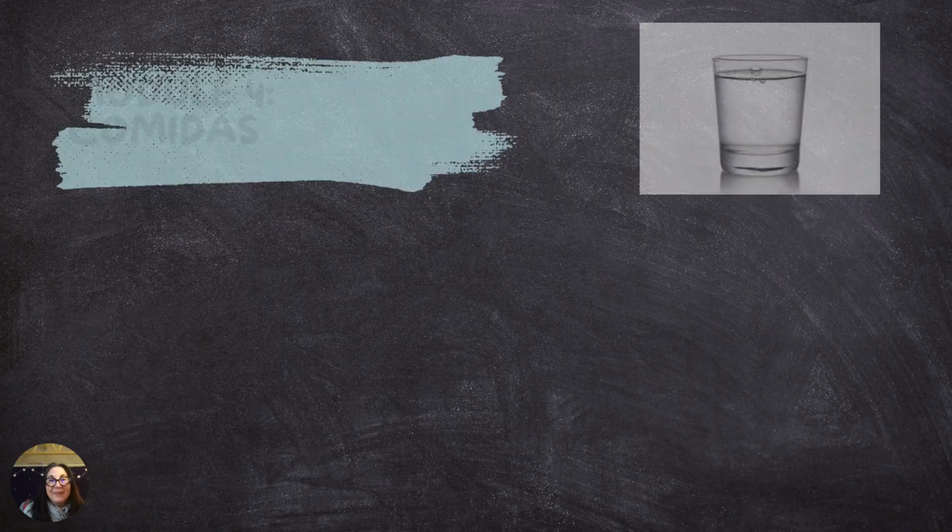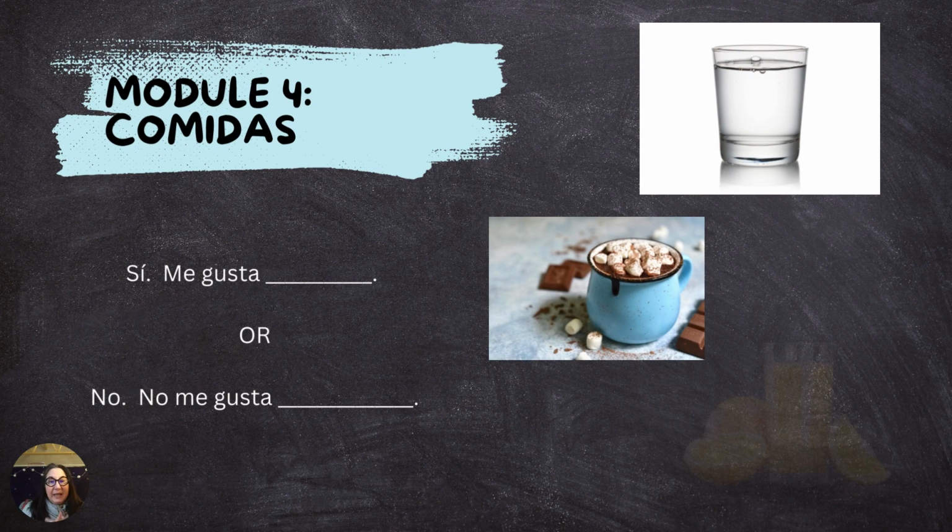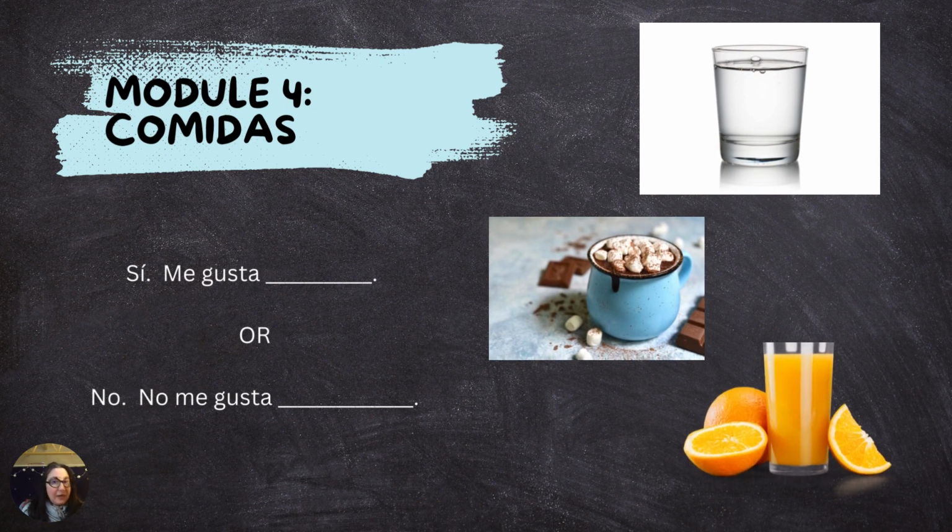You're going to have to go back and practice your vocabulary, but here we have some vocab, and I'm going to ask you these things. Do you like? And then you're going to answer, and I put the options here. So you can say sí, me gusta, or no, no me gusta. Okay. All right, here we go. Ready?